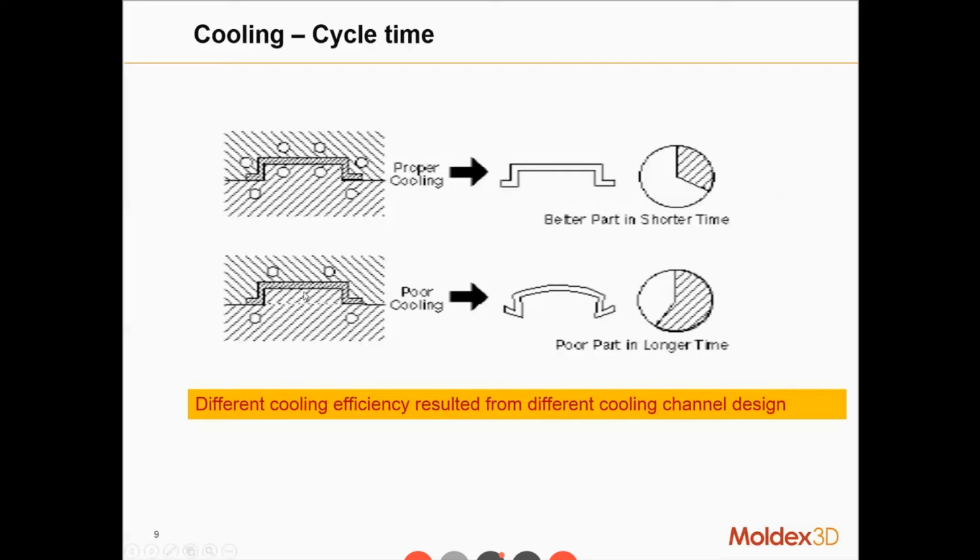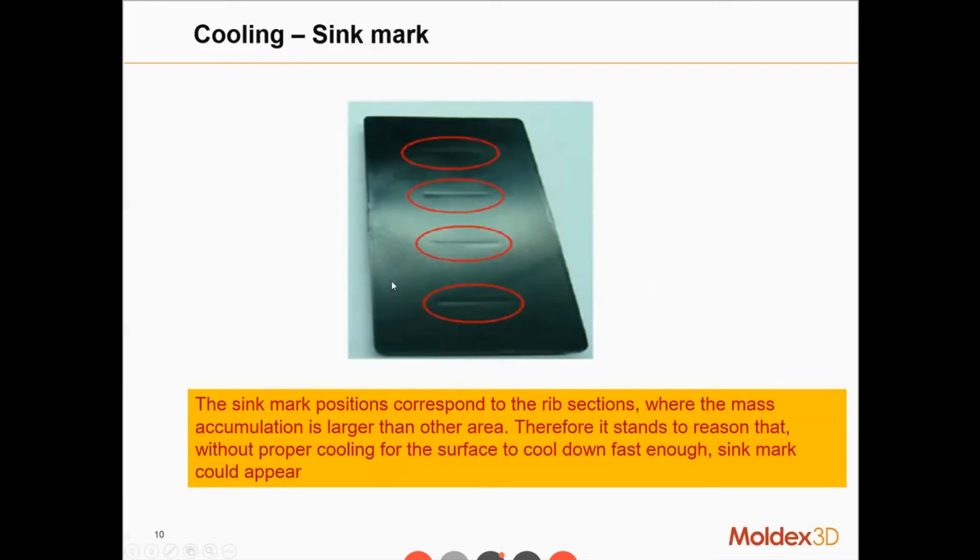So in these regions we don't have any cooling channel, which means it will take a very long path for the heat to transfer from the part to the cooling channels, and you might also face the issue of heat accumulation. Which means you will have a high shrinkage rate and also longer cycle time. Okay.